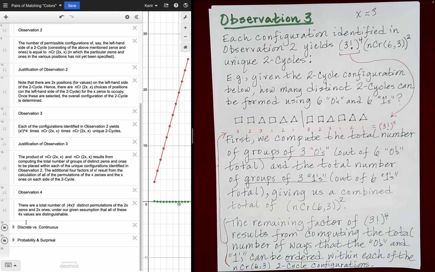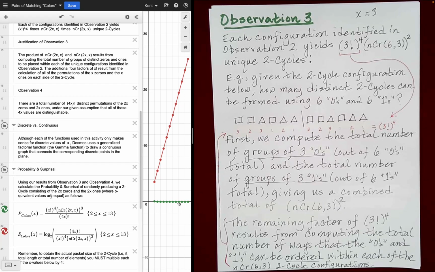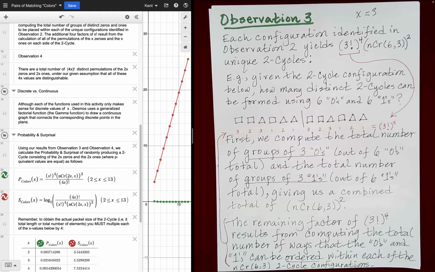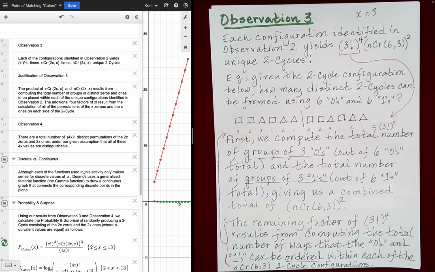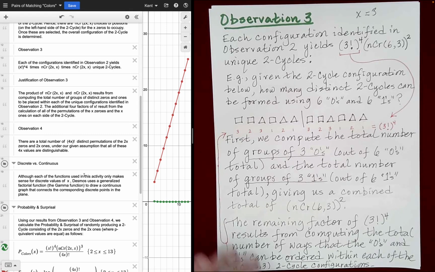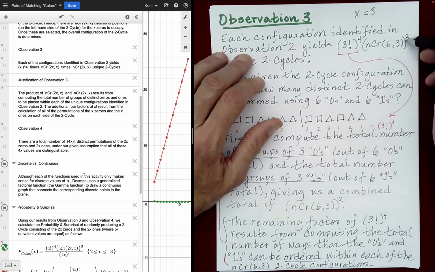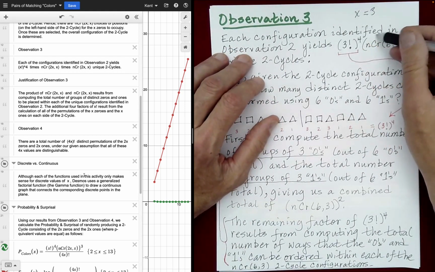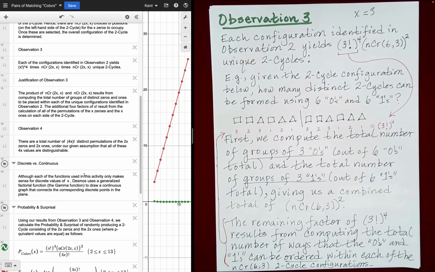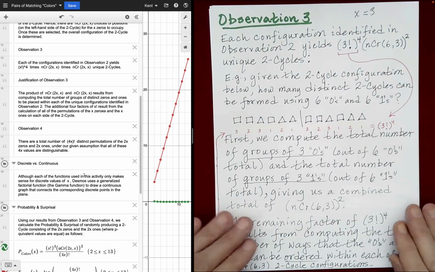In fact, let's take a little peek at the general formula. In the general formula, you'll notice that there's an nCr 2x choose x to the 3rd power. So we're now explaining where all of that comes from. Now, in observation 3, we only get it to the 2nd power, but this will be multiplied by this quantity, boosting it to the 3rd power.